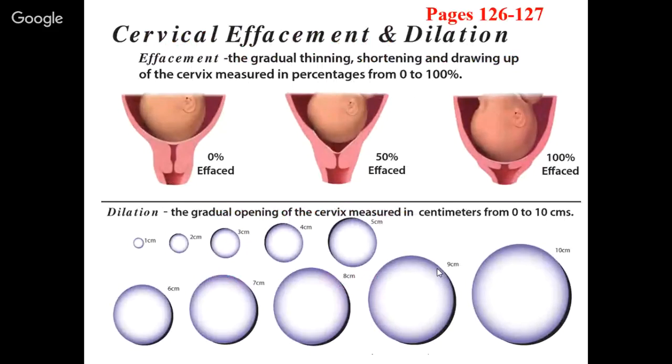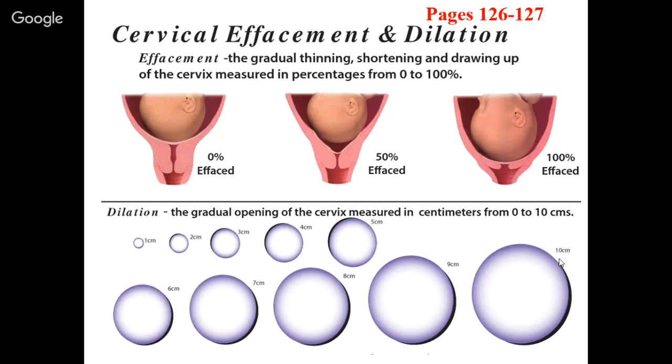So cervical effacement and dilation. So 0% effacement, 50%, and 100%. So effacement is measured in percentages to 100%. Dilation is the opening of the cervix, and that's measured in 0 to 10 centimeters. So 1 centimeter and then all the way up to 10 centimeters.